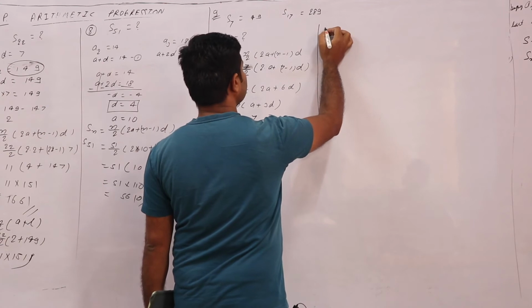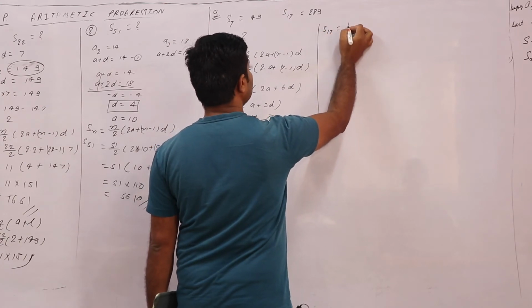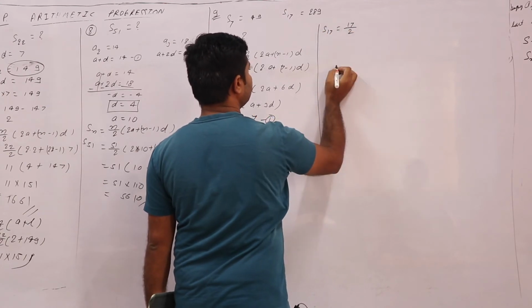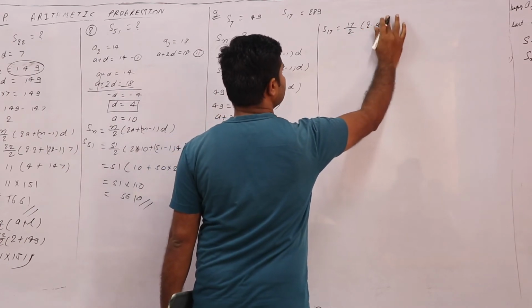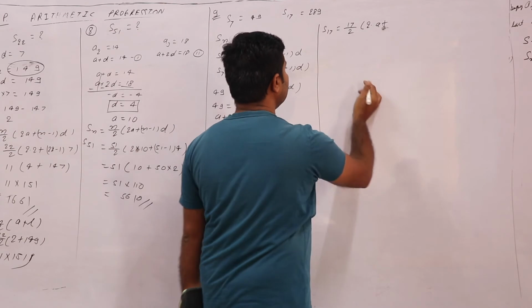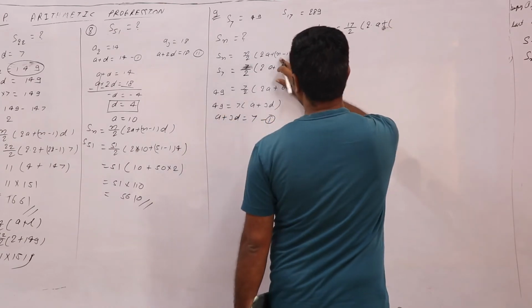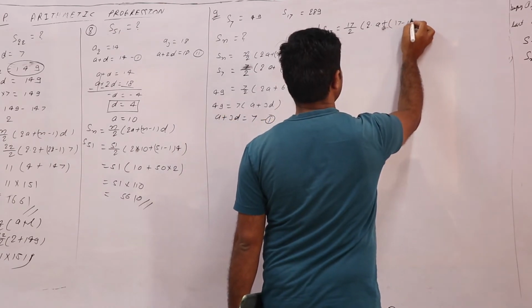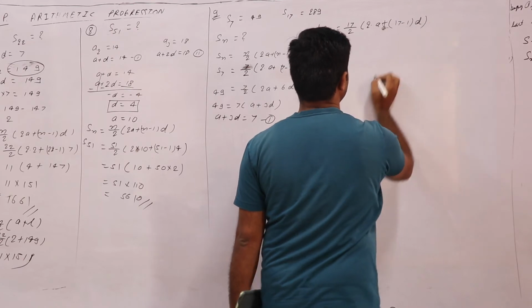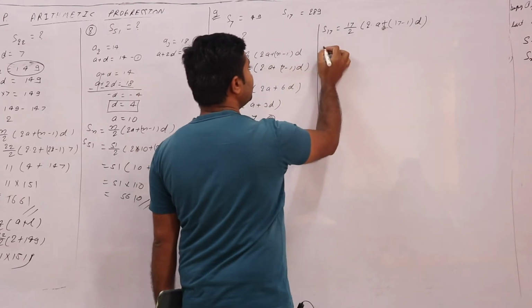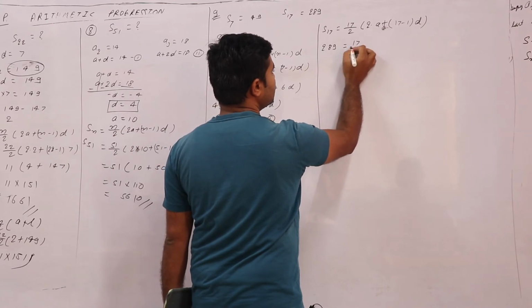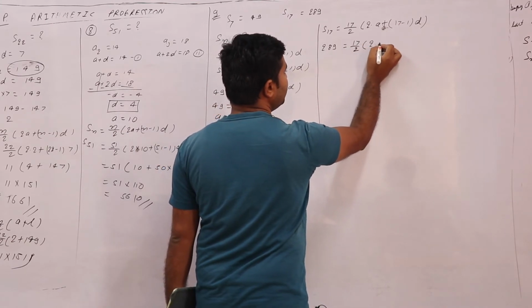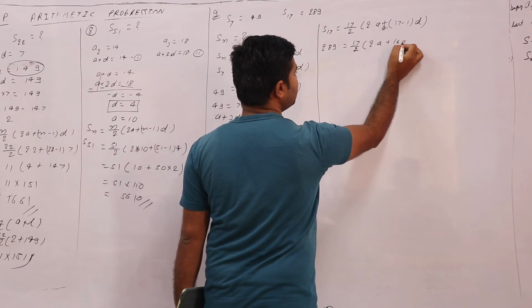The same thing we can apply here also. S17 equals 17 by 2 into 2a plus 17 minus 1 into d. S17 is 289, so 289 equals 17 by 2 into 2a plus 16d.